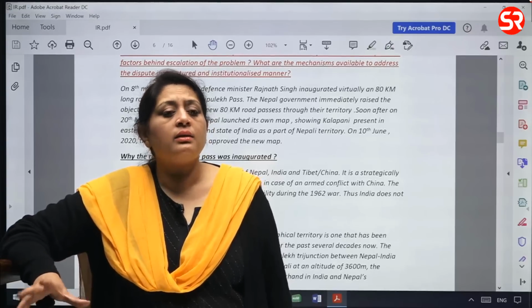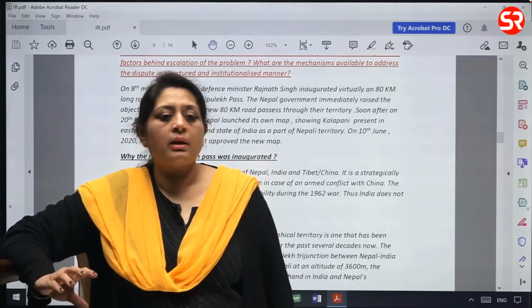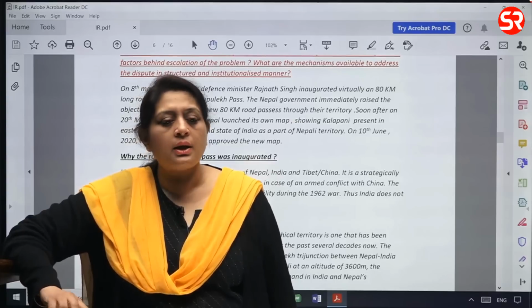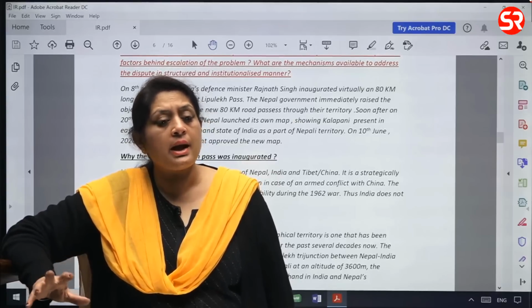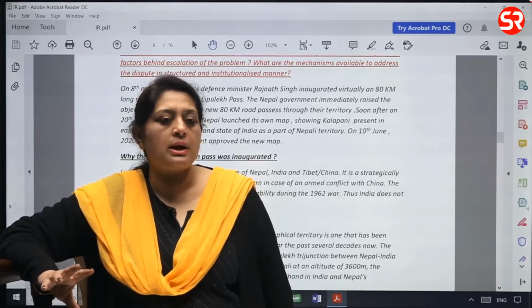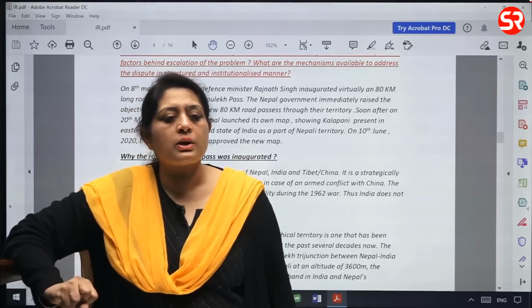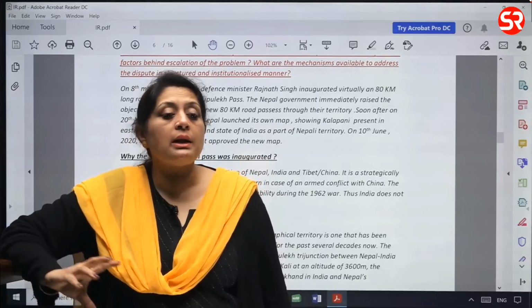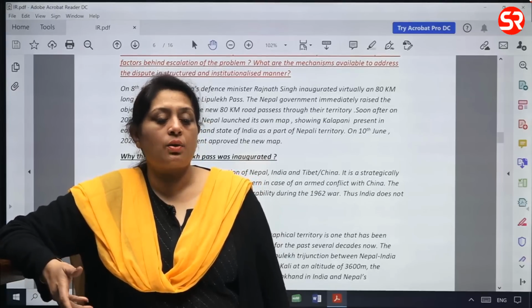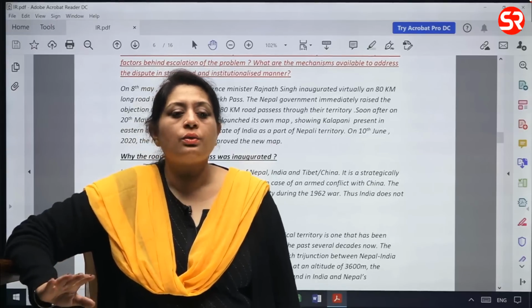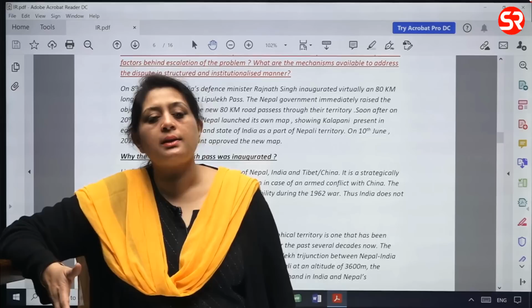Let us dehyphenate Nepal, India, China. Let us dehyphenate Nepal, China. Let's have an independent policy for Nepal. Our Nepal policy is actually a subset of our China policy. So we should be more confident in dealing with Nepal.